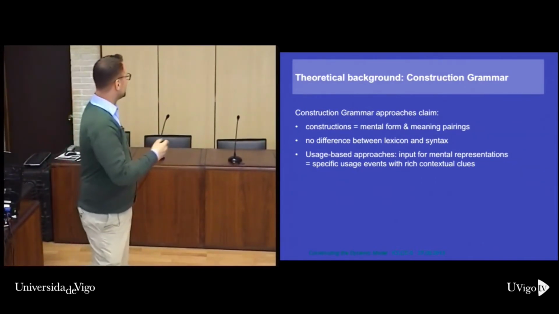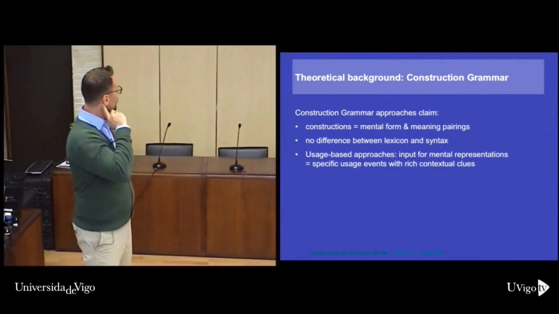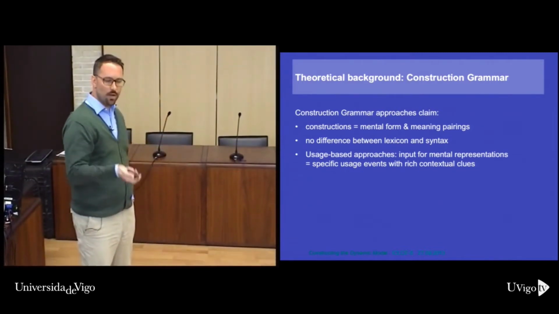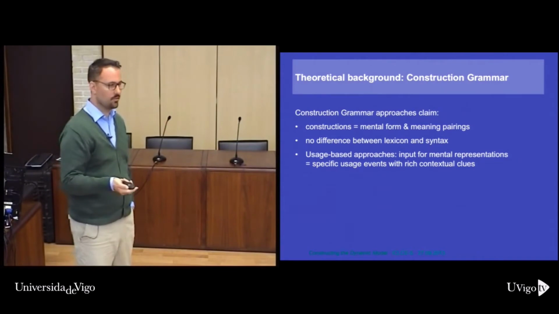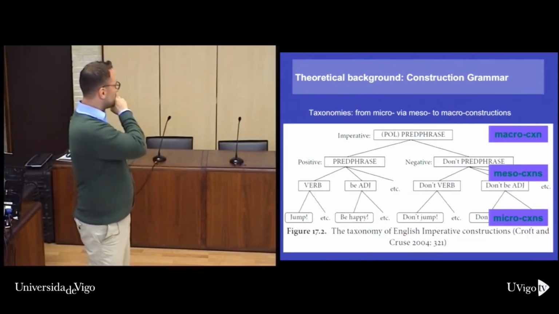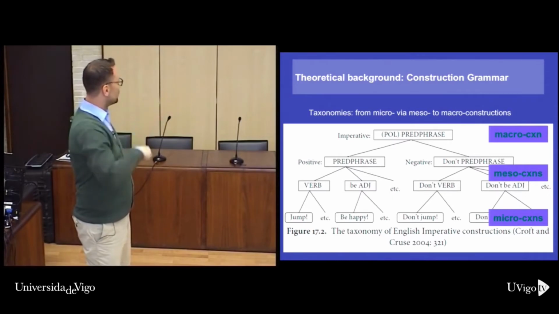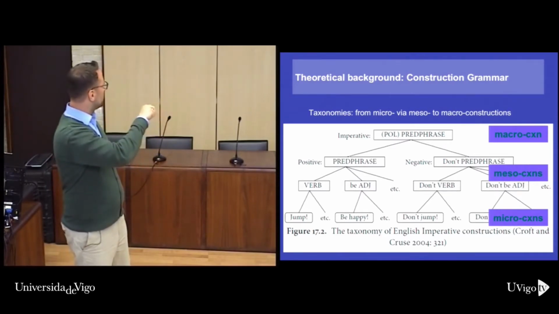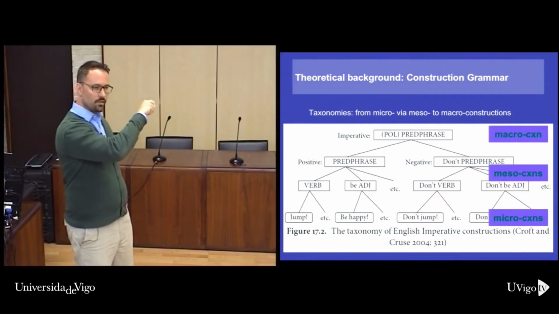Okay. And as I said, constructions, because of this no difference between lexicon and syntax, should be well equipped to deal with those kinds of things on the lexis-syntax interface. And with respect to something that we talked about yesterday, if we think about it, it's not about the specific microconstructions that are new.